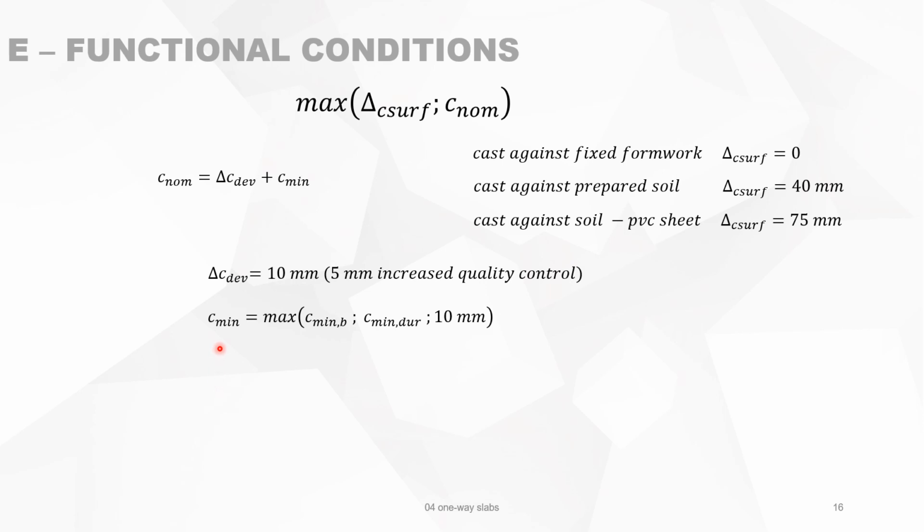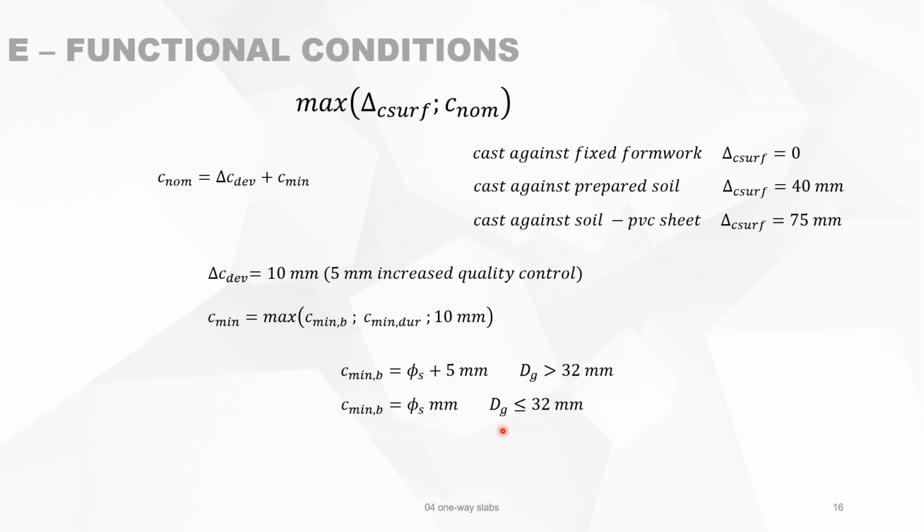The minimum concrete cover will be the maximum of C-min b, C-min dur, and 10 millimeters. C-min b depends on the maximum aggregate size of the concrete. When it's bigger than 32 millimeters, then C-min b is the maximum size of rebars used, plus 5 millimeters.